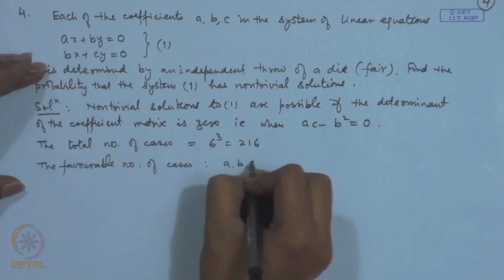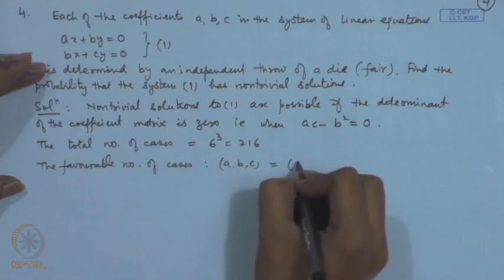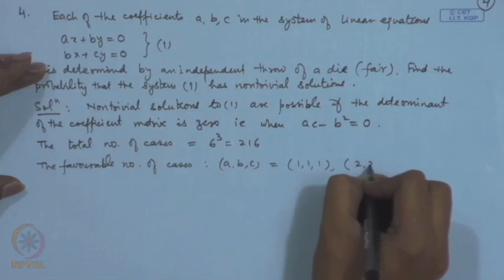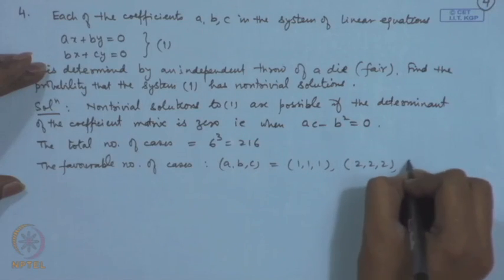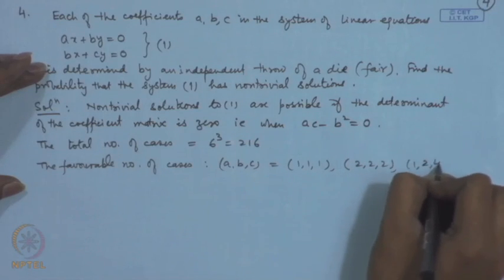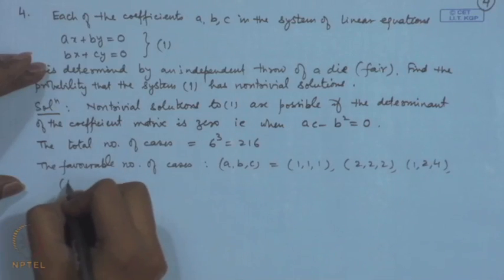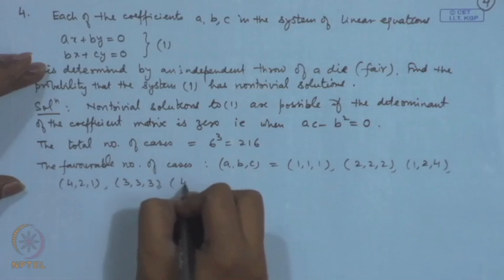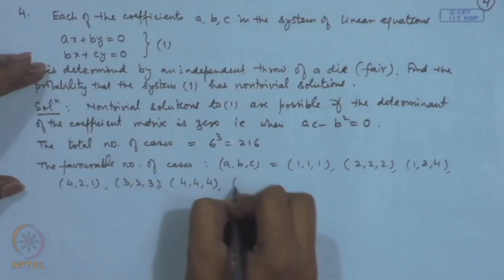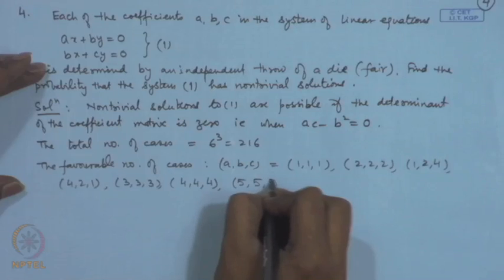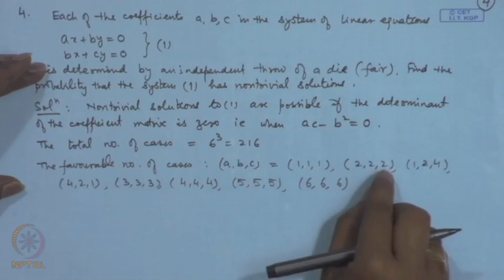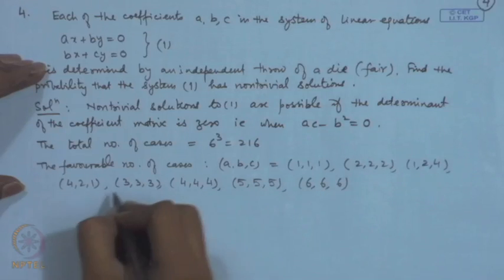That is A, B, C can take values 1, 1, 1, 2, 2, 2, 1, 2, 4, 4, 2, 1, 3, 3, 3, 4, 4, 4, 5, 5, 5 and 6, 6, 6. So, there are total 8 cases.